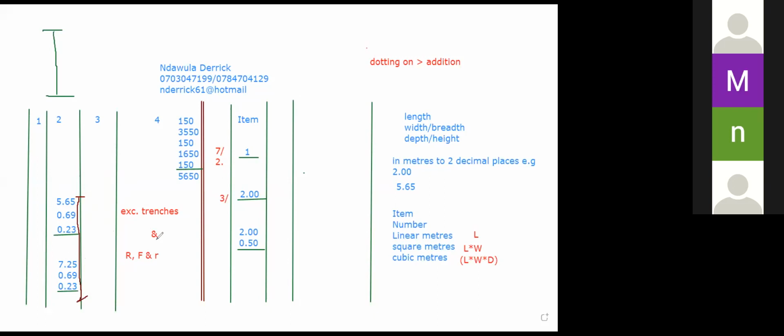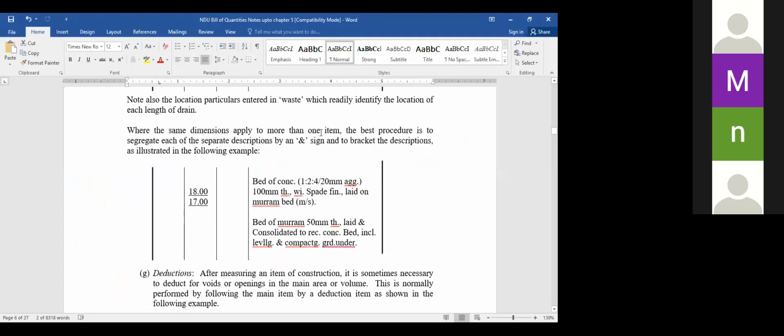That's how we group dimensions. You can group dimensions either where you have the same dimension with different descriptions, or where you have one description with different dimensions. Okay, so that is grouping of dimensions.